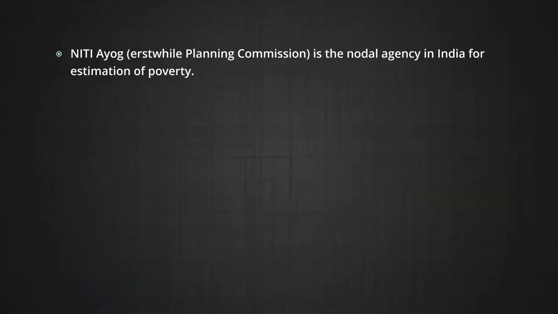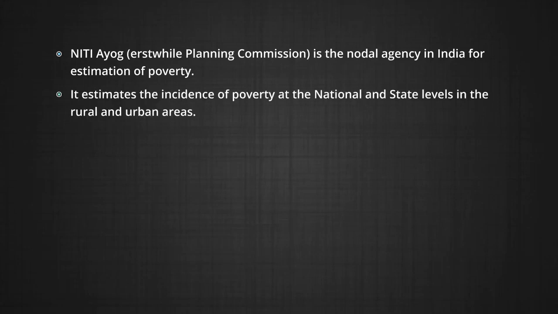Now, let us see how poverty is measured in India. Niti Aayog, erstwhile Planning Commission, is the nodal agency in India for estimation of poverty. It estimates the incidence of poverty at the national and state levels in the rural and urban area.